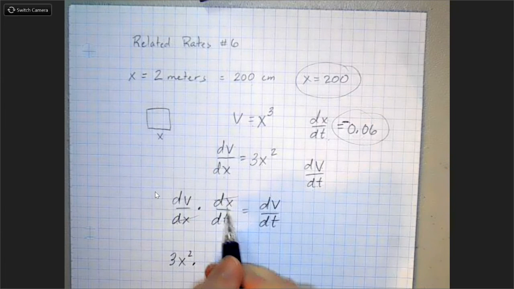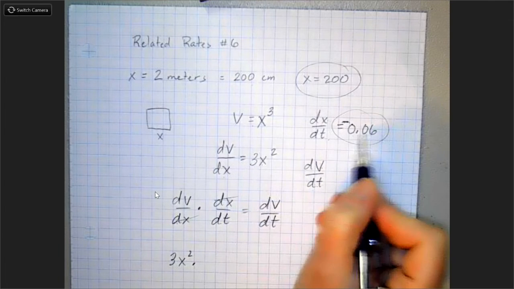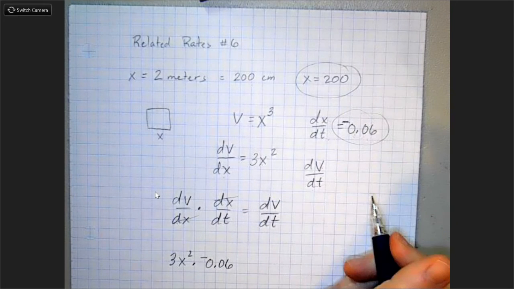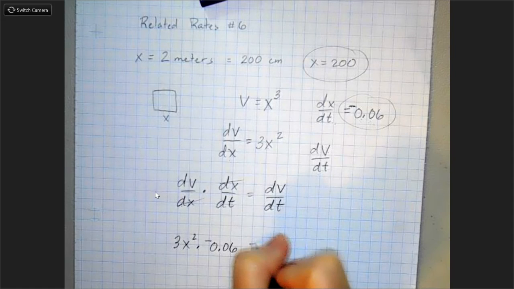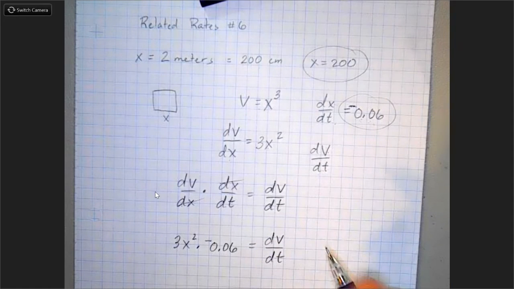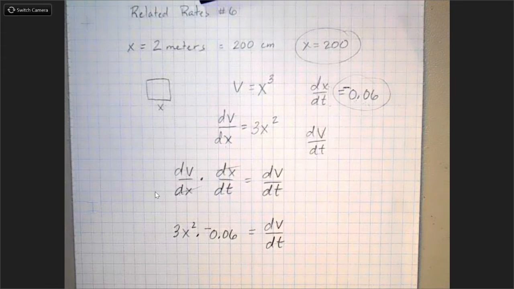Okay, so now dV/dx is 3x squared. I'm going to times that by dx/dt. dx/dt is negative 0.06. And remember, these numbers probably vary on your problem, so be careful about that. And that will give me my dV/dt. And then on my problem, I think it said for what value of x I'm supposed to be evaluating it for. Or no, it's initially.